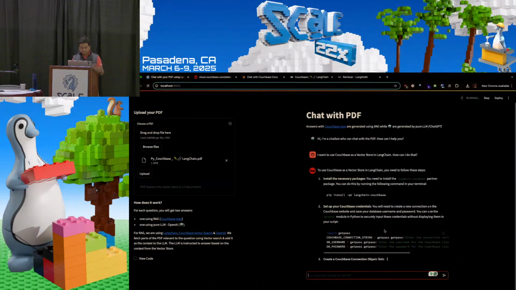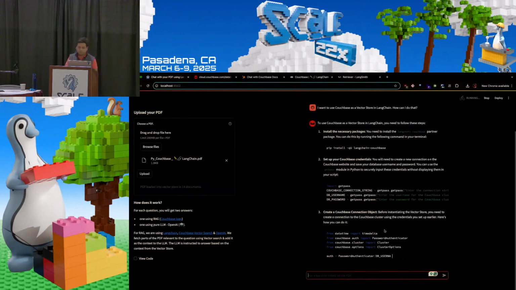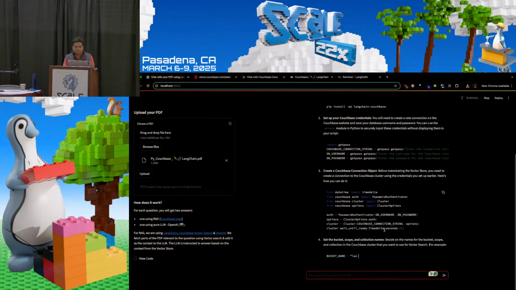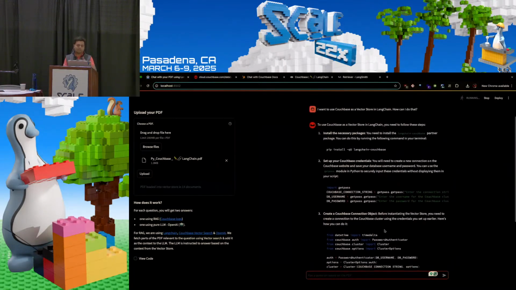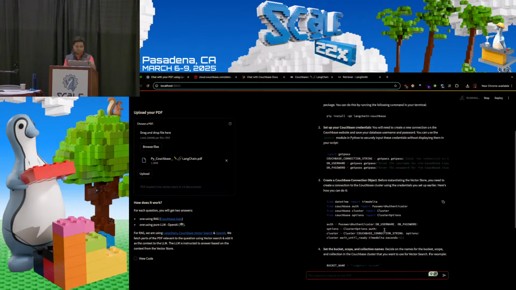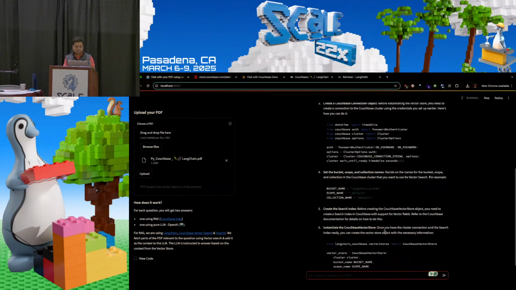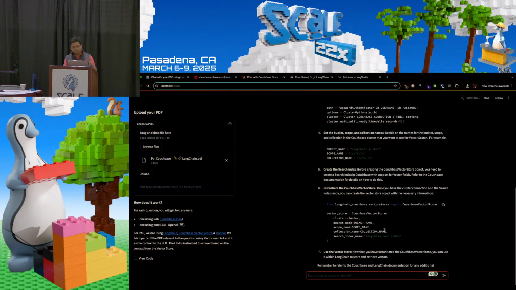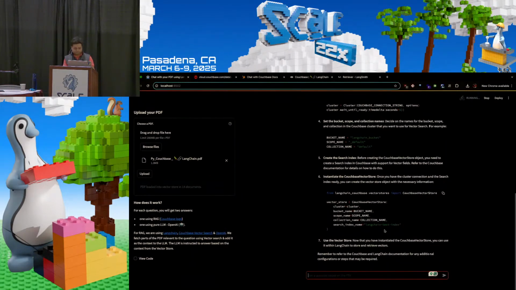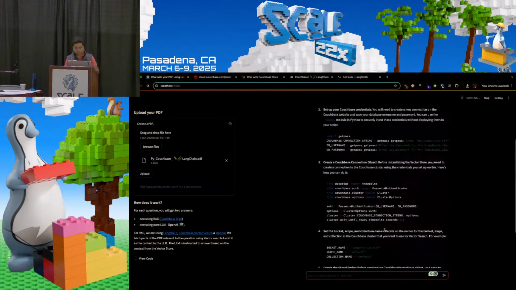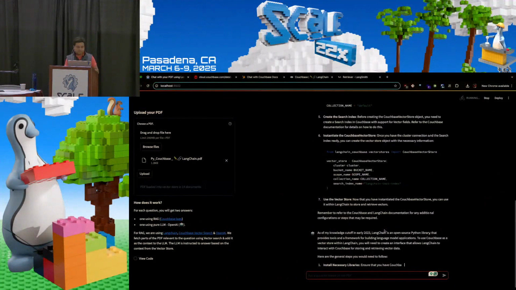The red logo one is the RAG application, and here you can see the steps: install the LangChain Couchbase package, set up the Couchbase credentials, connection object, bucket, scope, collection, and then it tells you how to use it. If we wait a bit, we should see the response from the plain LLM as well.